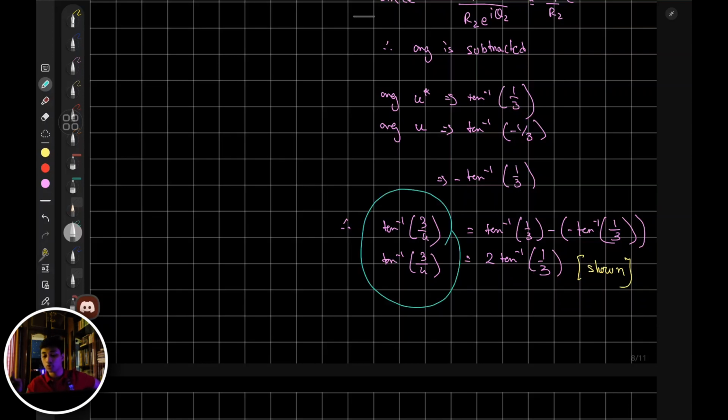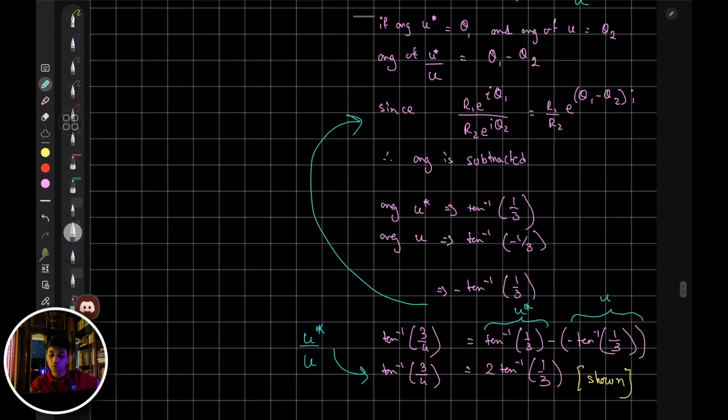u conjugate by u? For u conjugate by u, you express it as tan inverse of 3/4. You know this already, but you can also express it as argument of u conjugate minus argument of u. Why? Because we have proven this over here, when the arguments are getting subtracted.